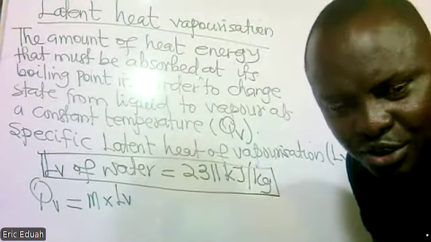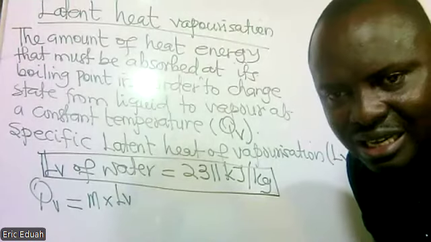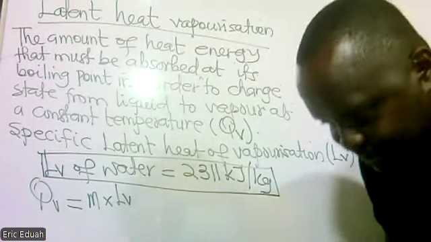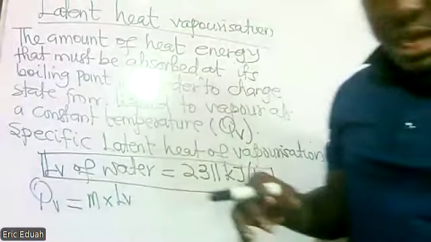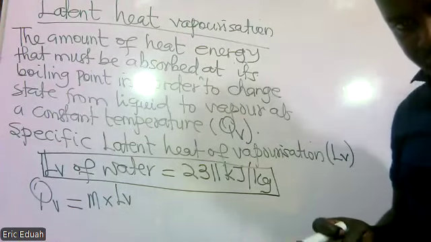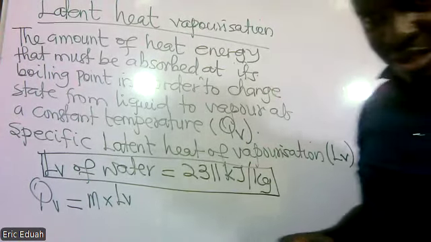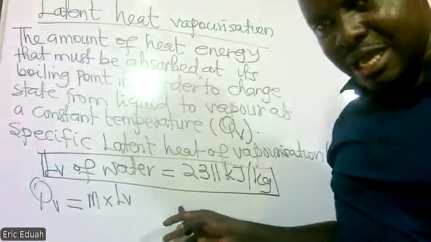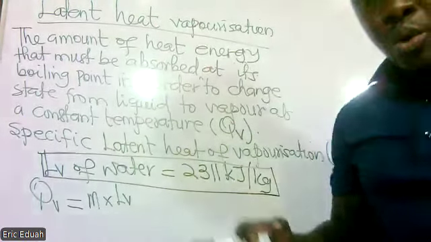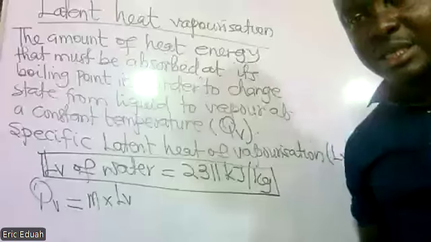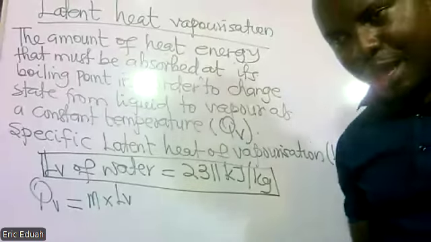The boiling point of water is 100 degrees Celsius, meaning that when water is heated and absorbs heat energy, when it gets to this temperature, that is when water would change state from liquid to vapor.